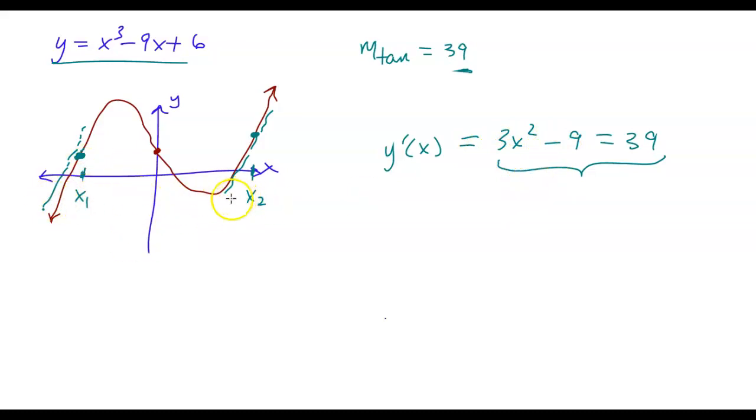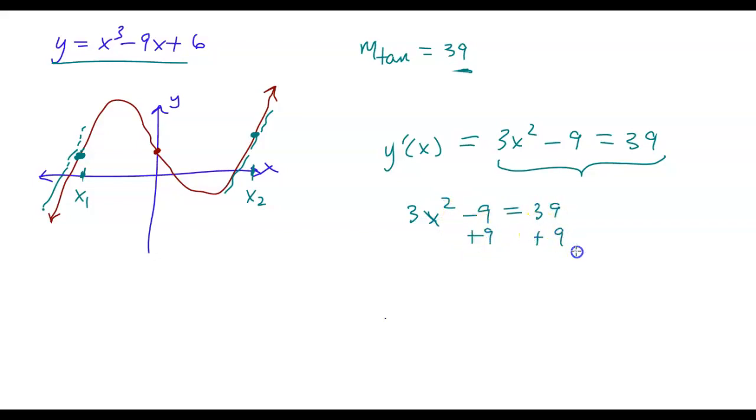If we have the x coordinates, we can plug them into this function, find the corresponding y coordinates, and then after we find both the x and y coordinates for both of these points, we can use point-slope form to find their corresponding tangent lines. That is what we're going to do. Since I already have this started here, I'm going to go ahead and finish up this part.